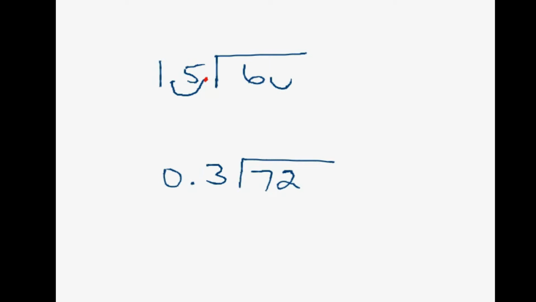And the decimal point goes here. Now that we've moved the decimal point one place over to the right, we must fill in that space with a 0. We must add a 0. Therefore, 6 becomes 60.